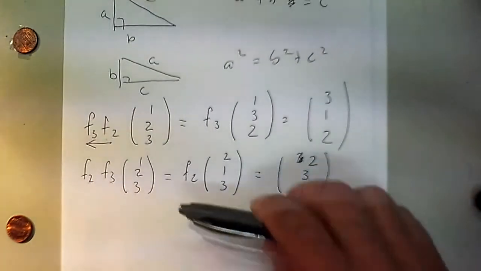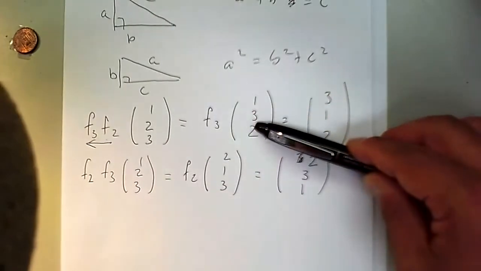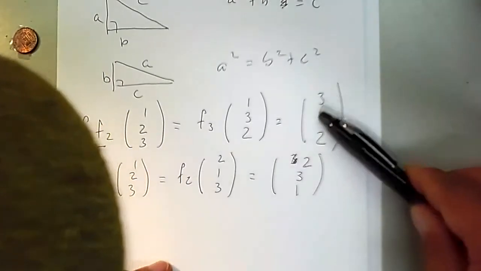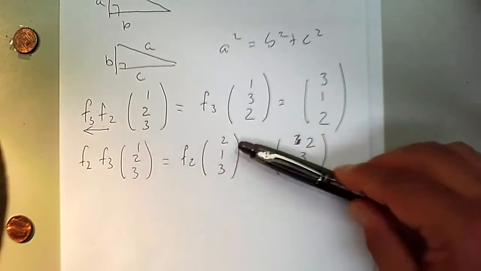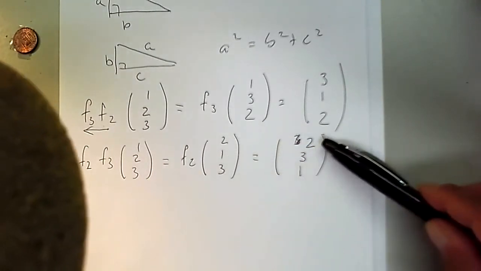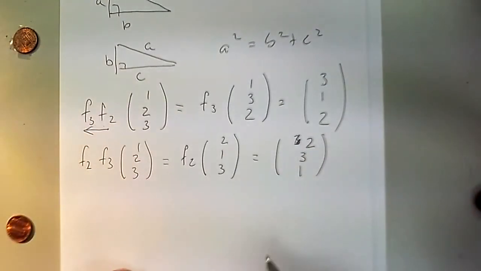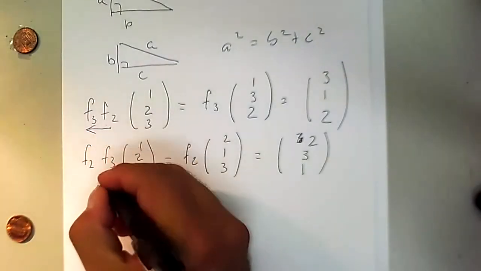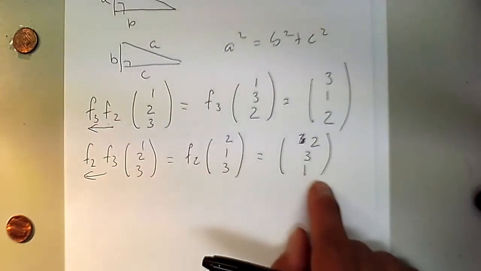Okay, let me just double check. Exchange the bottom two, then exchange the top two, and we end up with 3, 1, 2. Exchange the top two, and then exchange the bottom two, and we end up with 2, 3, 1. So we do not end up with the same thing. Applying permutations in a different order provides us with different answers.